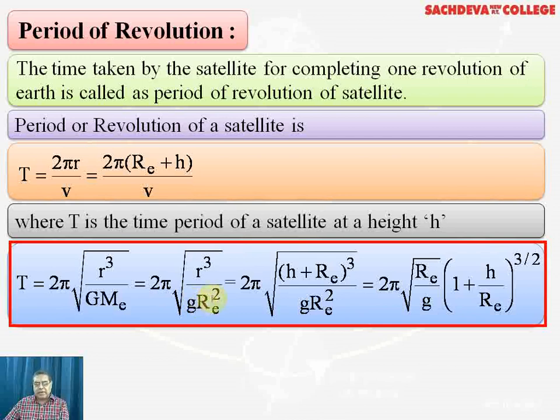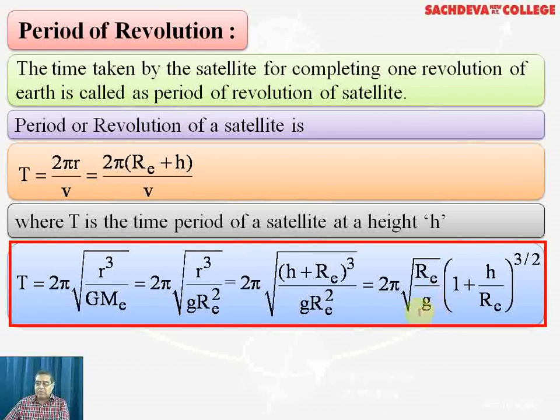This we have proved earlier, and the net equation will be 2 pi under root (h plus Re) whole cube divided by gRe square.